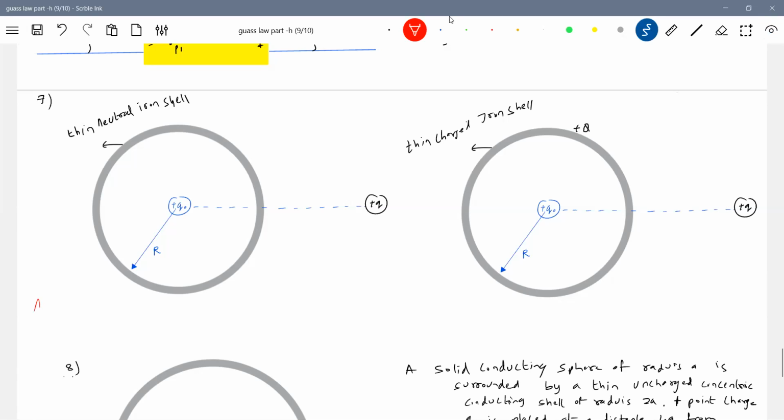The description of the question: a point charge Q naught is kept at the center of a thin neutral iron shell.